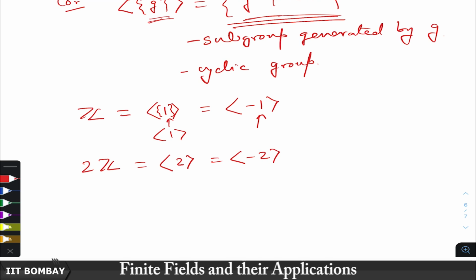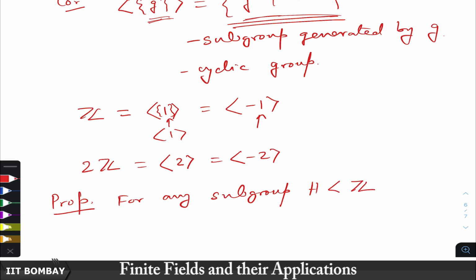In fact, now we will show a very simple but interesting result, which says what we have already seen through examples: for any subgroup H of Z, it is generated by a single element.